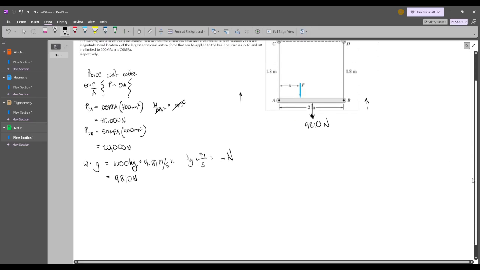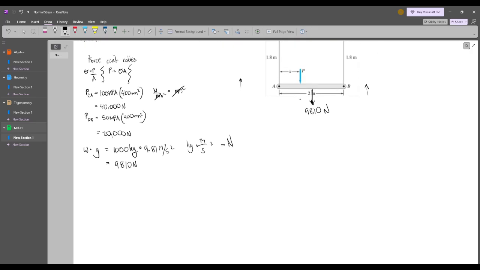Therefore, we can just use the summation of all these vertical loads to get P. So, summation of all these vertical loads: we have 40,000. We have negative P because it goes downwards.